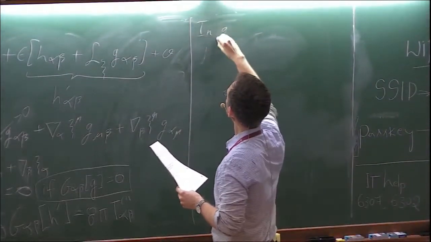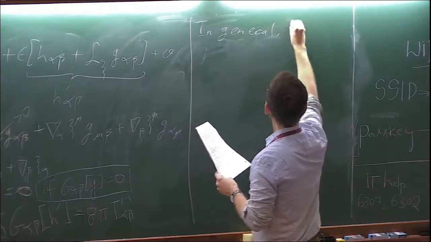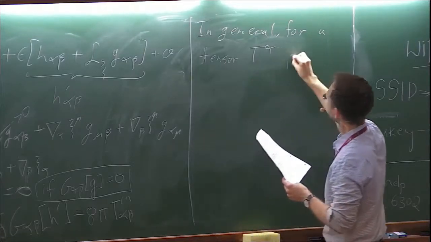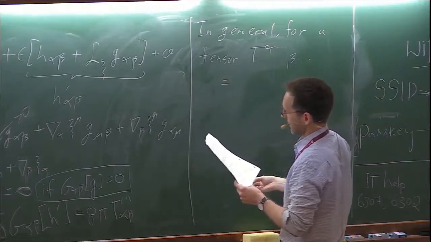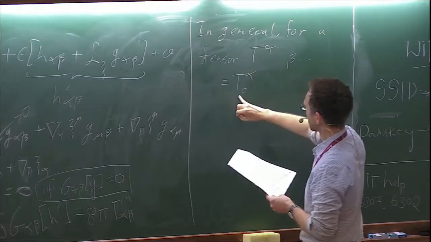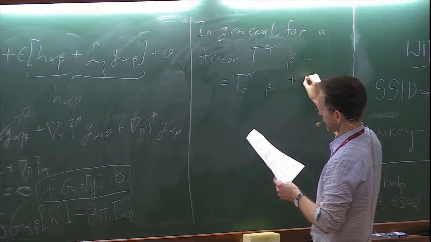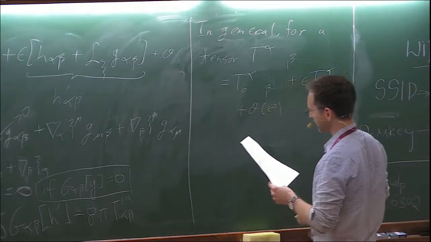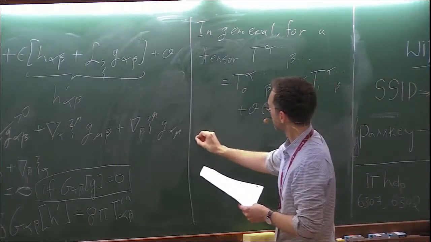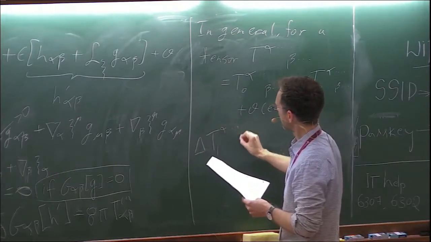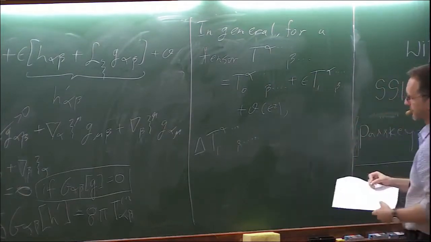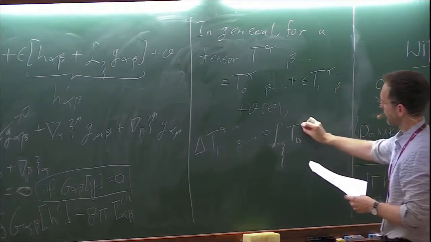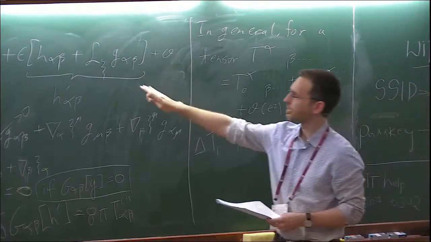So in general, for an arbitrary tensor with arbitrary indices, if that's given by an expansion with a 0th order term plus a linear term plus higher order things, then the gauge transformation delta T1 alpha beta, so the change in T1 under gauge transformation, is just given by the Lie derivative of the 0th order term, which is exactly what we have here.